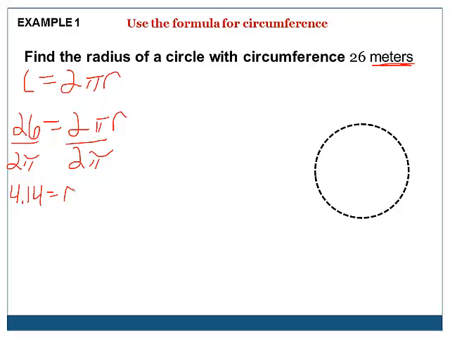And we are not done. Remember, at the very beginning I said we need to look at our label. In this case we're using meters, so our radius is 4.14 meters. This is just regular meters because we're dealing with the radius. This is not an area or a volume, so it's just normal meters.